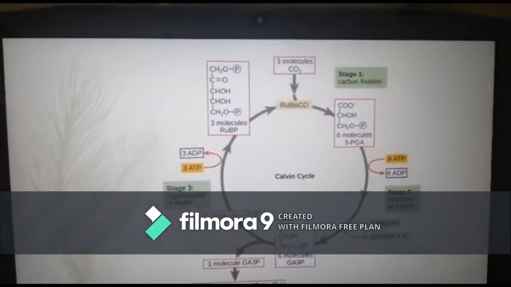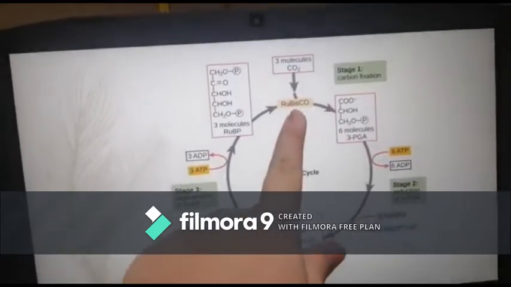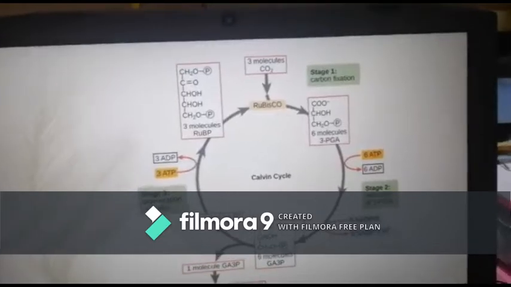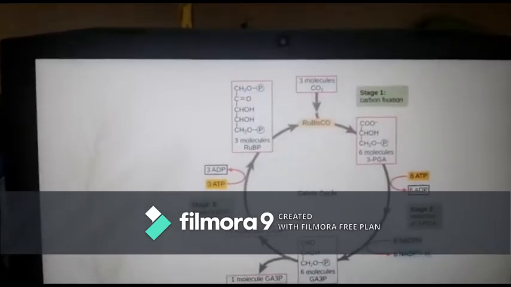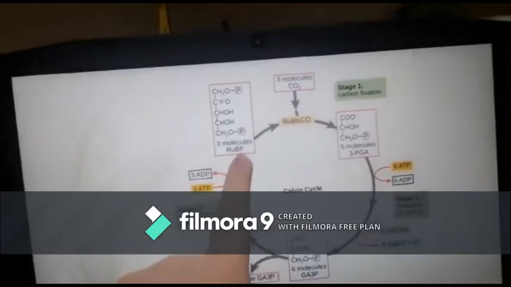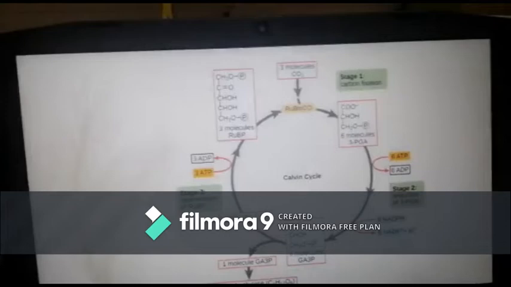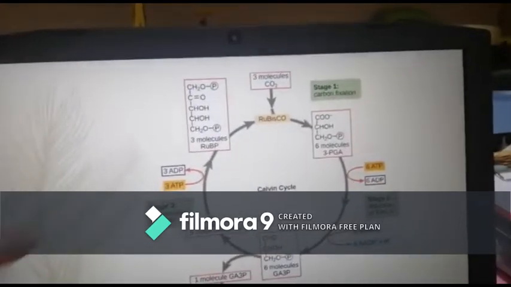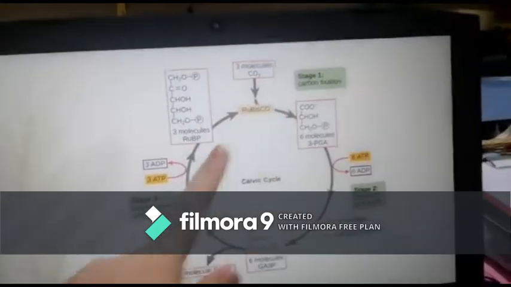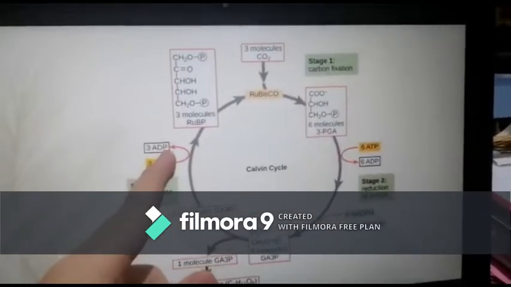An enzyme called ribulose bisphosphate carboxylase, or simply Rubisco, which is this, and three molecules of ribulose bisphosphate, which is the RuBP. In this process, Rubisco catalyzes a reaction between the carbon dioxide and ribulose bisphosphate, or simply RuBP.